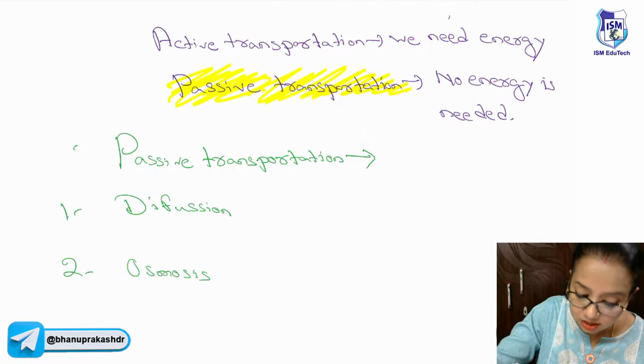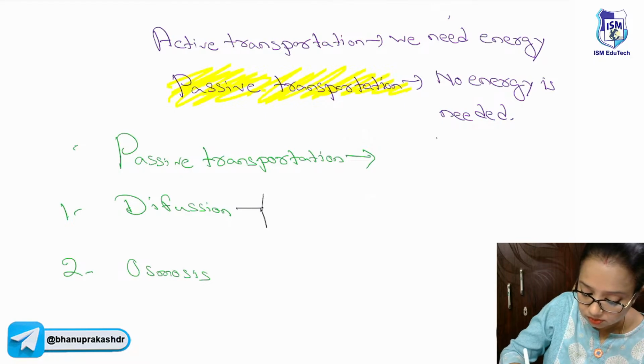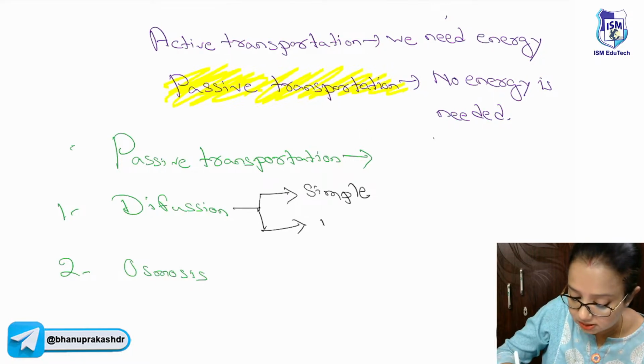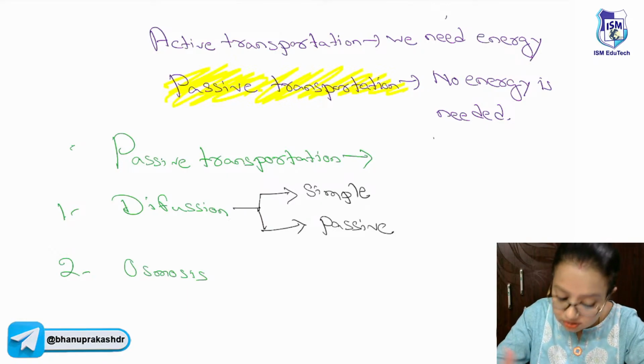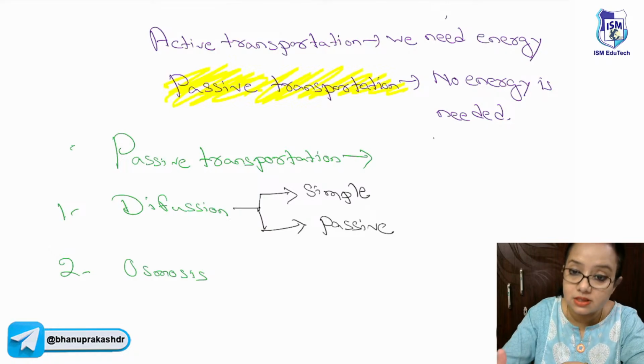Now, again, this diffusion is of two types. One is the simple diffusion, another one is the facilitated diffusion. Both diffusion and osmosis play a vital, major role in the transportation of various substances across the cell membrane, and both are clinically very important. Now, we will understand this one by one.